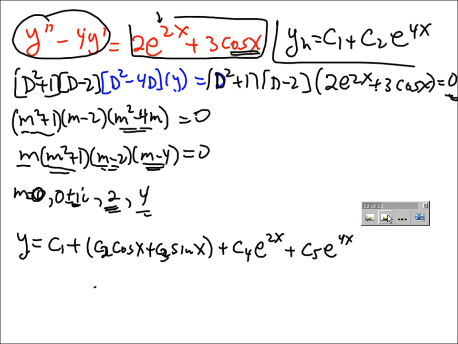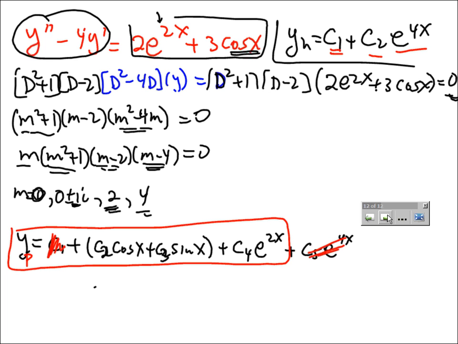Then I look at my homogeneous solution. I have c1, so I don't need it in the particular solution. And I have a multiple of e to the 4x, so I don't need this. That there is my particular solution. My job is to find c2, c3, and c4.